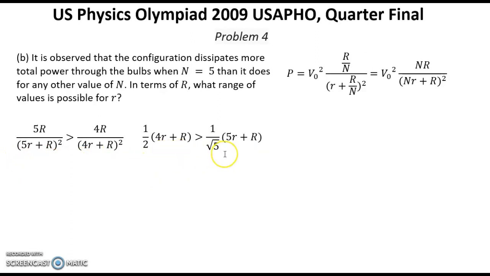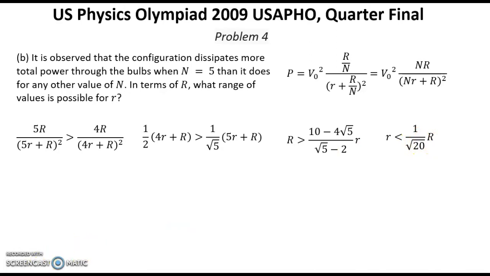Now let's count what is the relation between small r and big R from this inequality. We have this inequality, and the last step is we can just multiply top and bottom by square root of 5 plus 2. In that case on the bottom we have 1, and on the top we have the square root of 20. So it means that small r is less than 1 over root 20 big R.